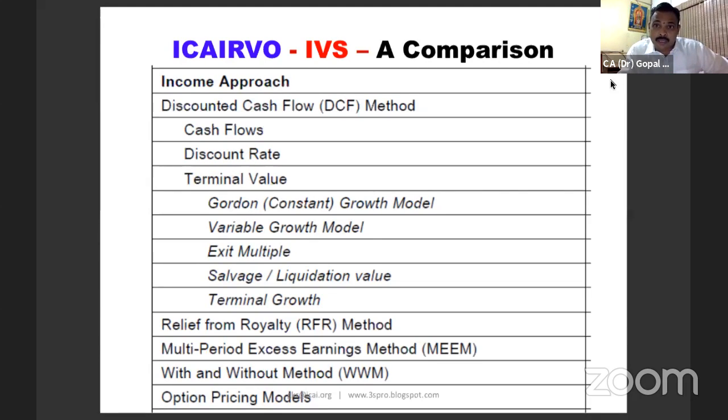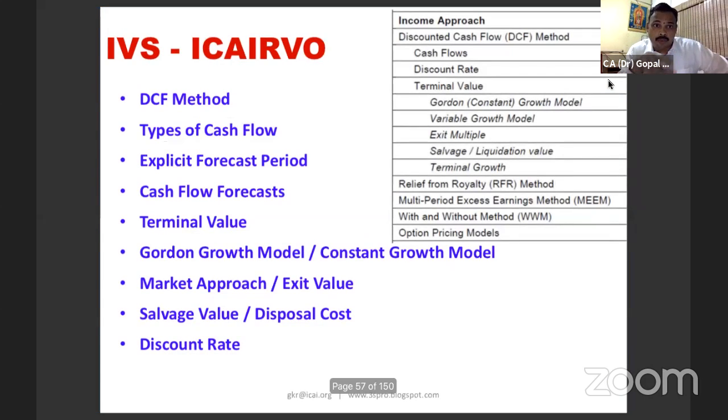And with respect to IVS, here they discuss the DCF method, the types of cash flows, explicit forecast period, cash flow forecast, terminal value, the Gordon growth model and constant growth model, market approach or exit value, and the salvage value or disposal cost, and then discount rate.